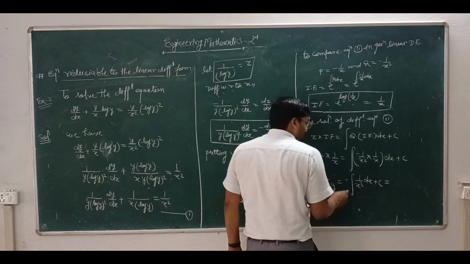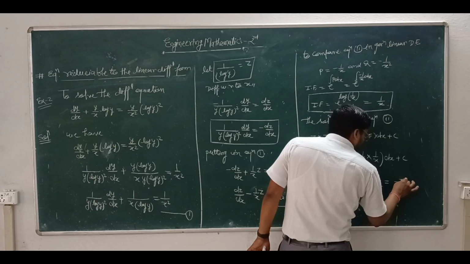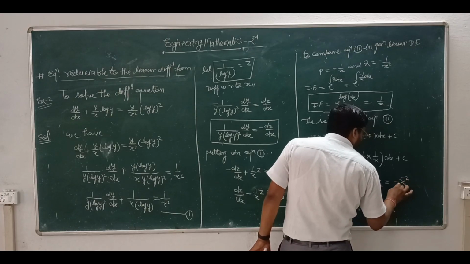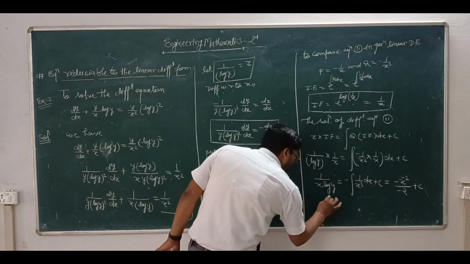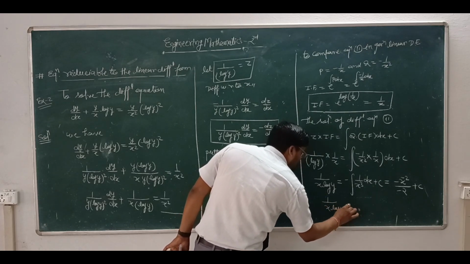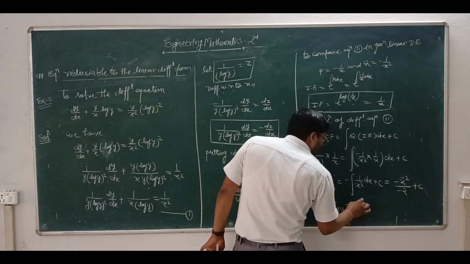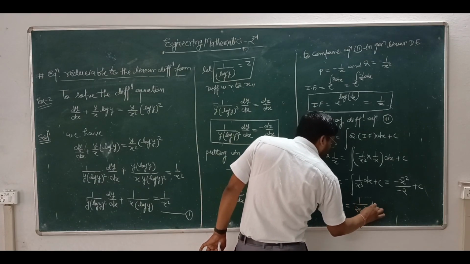Now you can write -x^(-2)/(-2) + c. Now you can write (1/x)(1/log y) = 1/(2x²) + c.